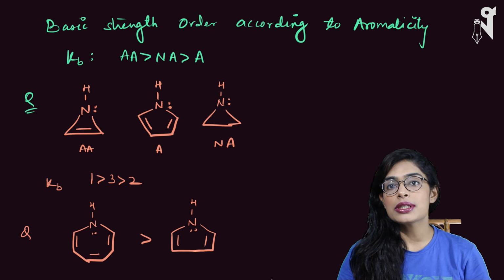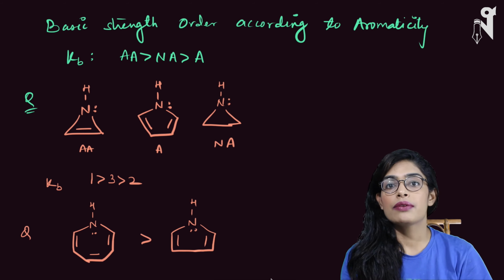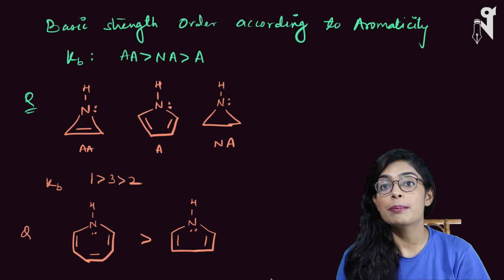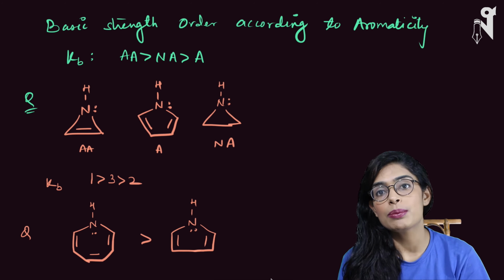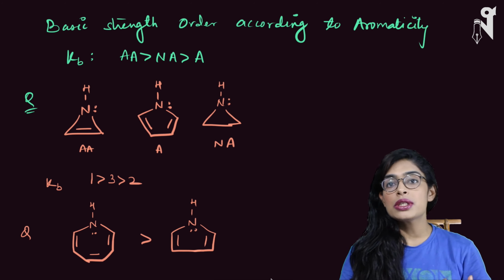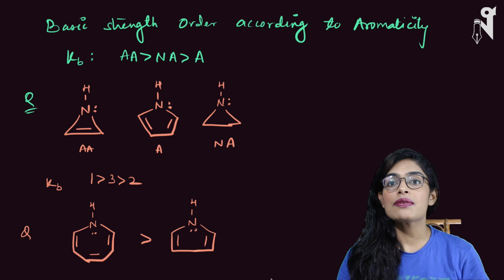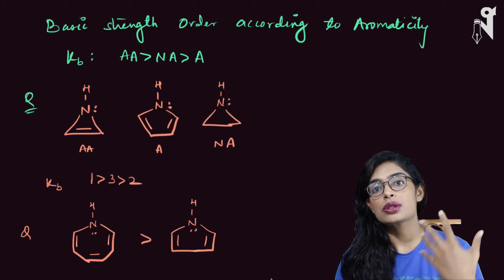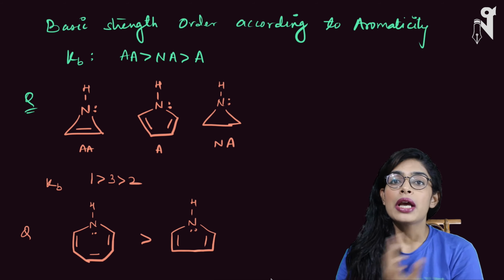All these discussions have been done in the last lecture, and today we'll be talking about the basic strength comparison according to the aromaticity of the molecule. So, in GOC, we have spoken about the aromaticity. We have seen what is anti aromatic, what is non aromatic, and what is aromatic.